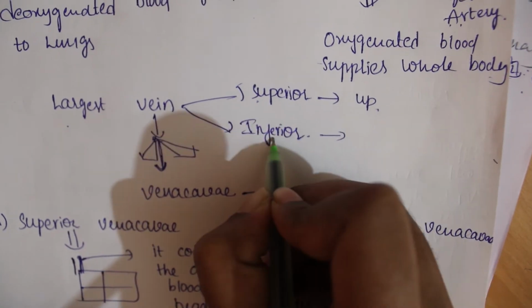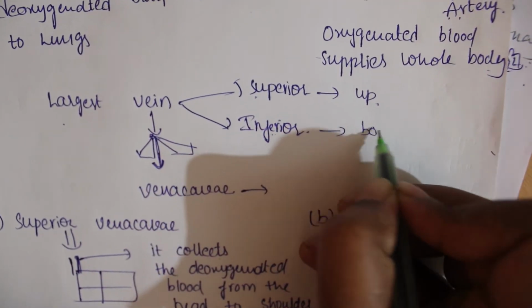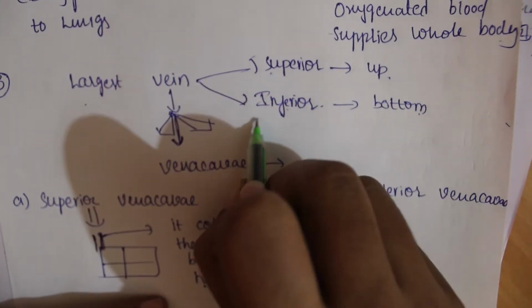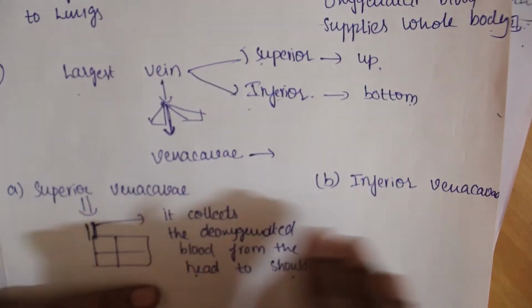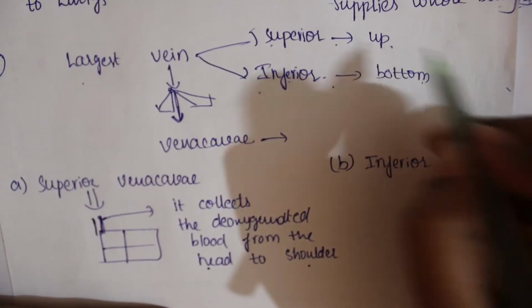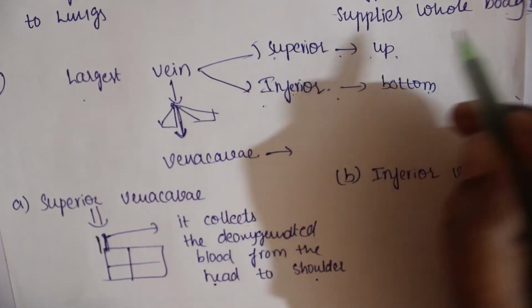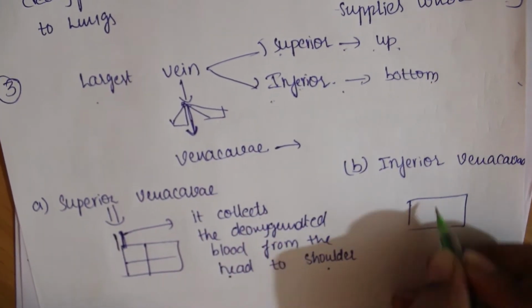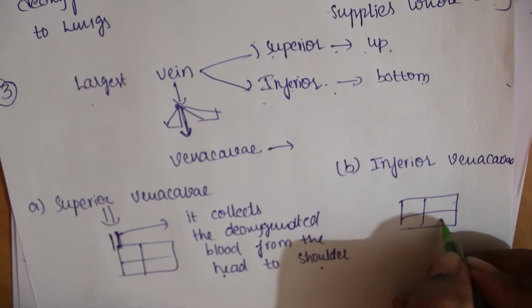Inferior means it is present at the bottom of the chamber, so it is called the inferior. But the main function of both the superior and the inferior vena cava is the same. Due to their location, they are named the superior and the inferior. Now here also I am drawing a rough diagram. These are the four chambers of the heart.